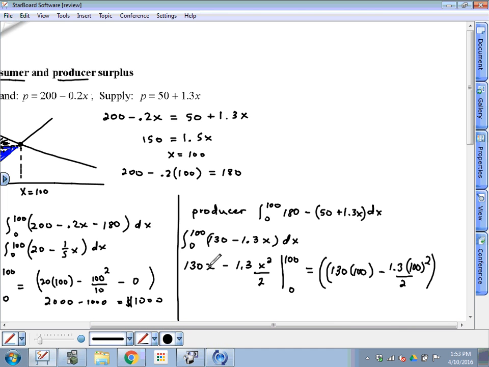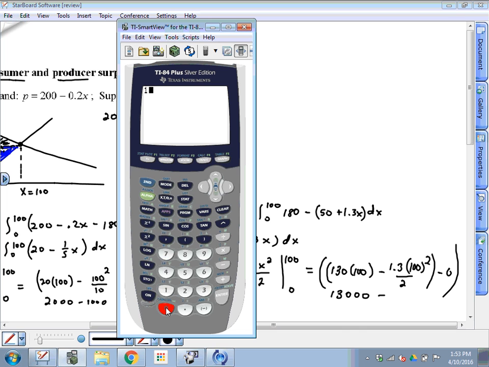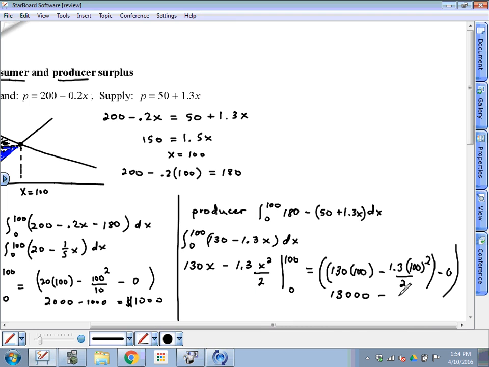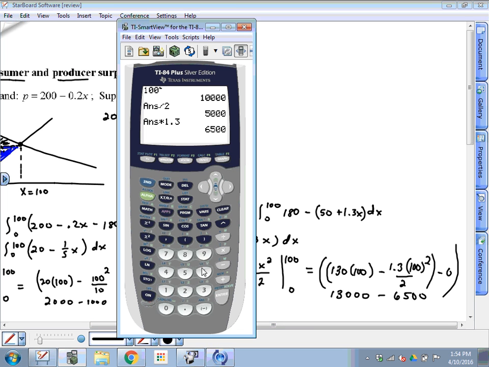The antiderivative evaluated at the lower bound is 0 minus 0. 130 times 100 is 13,000 minus, well, 100 squared is 10,000, divided by 2 is 5,000, multiplied by 1.3 is 6,500. And 13,000 minus 6,500 is 6,500.